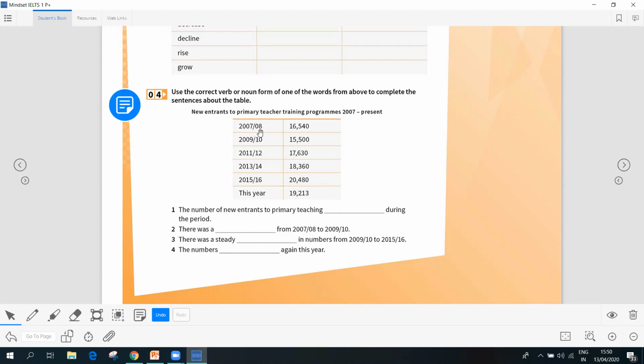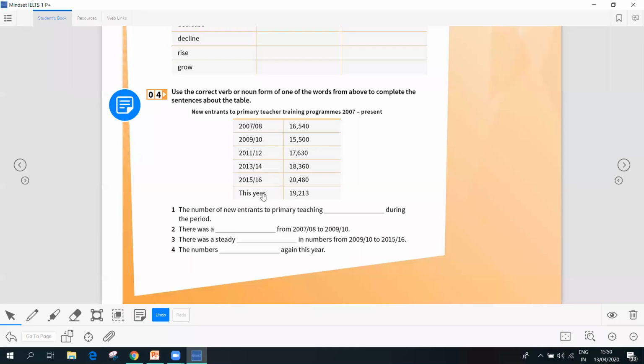You've got the period of time in this column and the number of new entrants to the teacher training program, primary teacher training program, in this column.